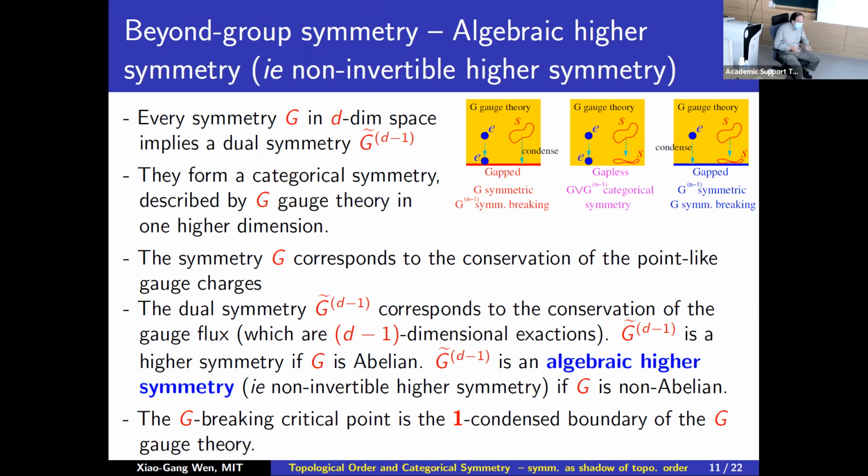In 4-dimensional space, the gauge flux is a membrane. So it's a higher dimensional object. This higher dimensional object gives rise to the higher symmetry, the dual symmetry of the original 0-symmetry group. G describes the 0-symmetry, and we have a (D-1)-symmetry in D-dimensional space. But this (D-1)-symmetry is actually a higher group symmetry only for an abelian group.